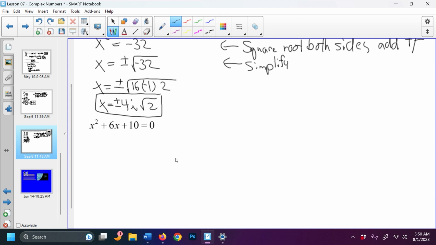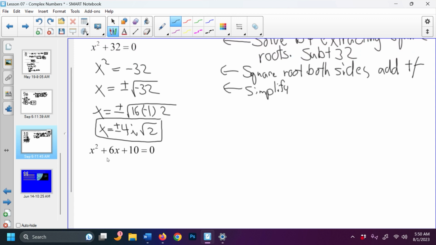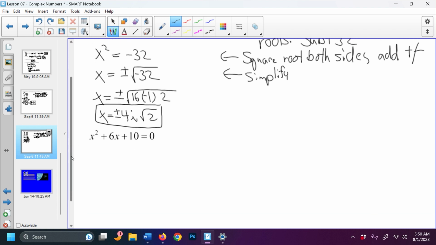All right. So here we have another quadratic that has 3 terms. It has a quadratic term, it has a linear term, and it has a constant term. And so the first thing that I would try and do is factor this, especially since the leading coefficient is 1.